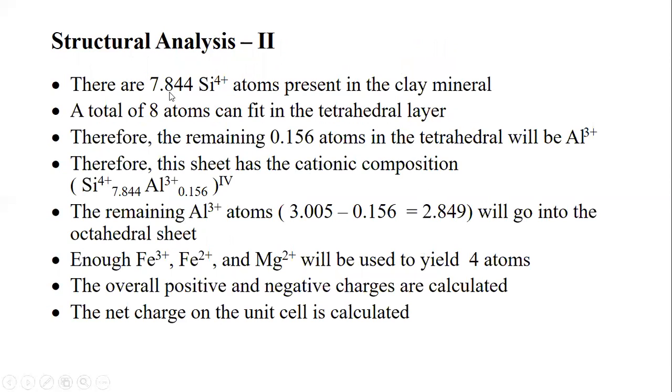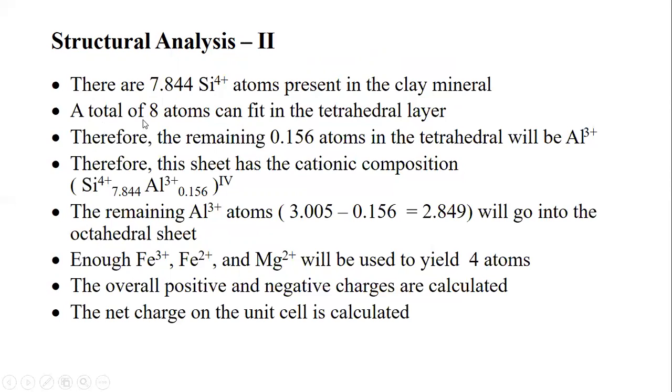So there are 7.844 silicon atoms present in the clay mineral. Remember, in the ideal structure we have 8 positions, 8 atoms, but not all of them are occupied by silicon. Only 7.844 are occupied by silicon out of these 8.